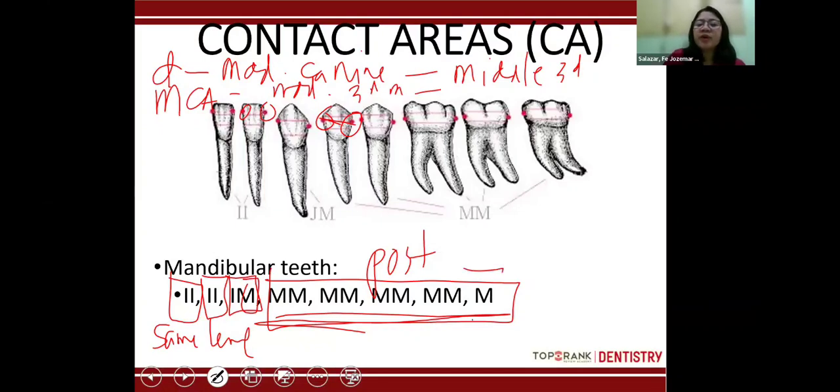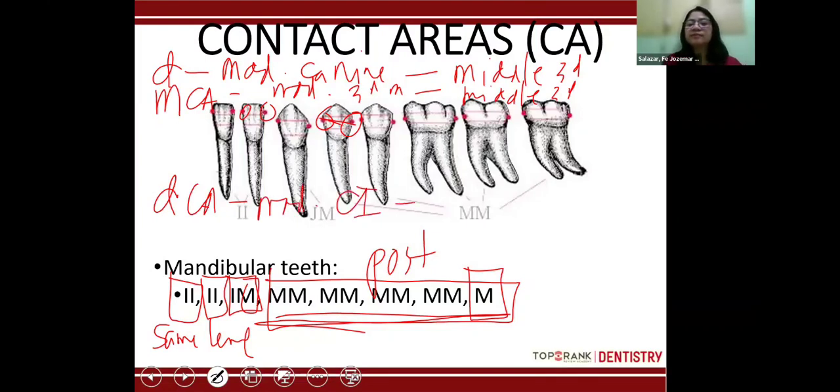This is the third molar. Yes, it's also on the middle third. Another question. Where can you find the distal contact area on a mandibular central incisor? This is the central incisor, and this is the distal contact area. Yes, it's in the incisal third.